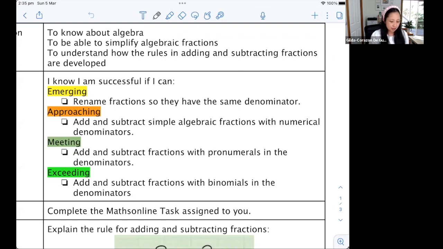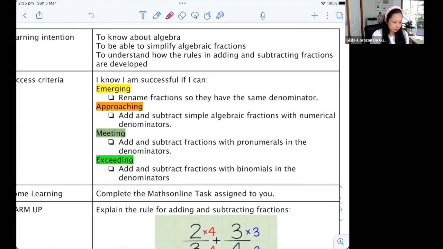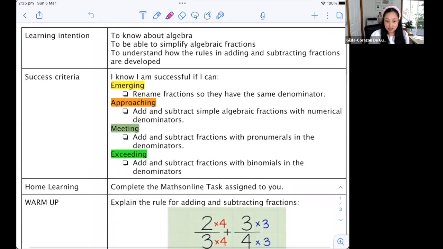In the exceeding one, what you're doing is something that the 5.3 students would be doing, which is adding and subtracting fractions with binomials in the denominators. For your home learning for today, I've assigned a task for you to do on Maths Online. So please make sure you log into that.